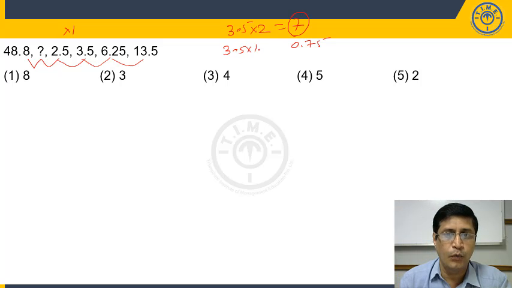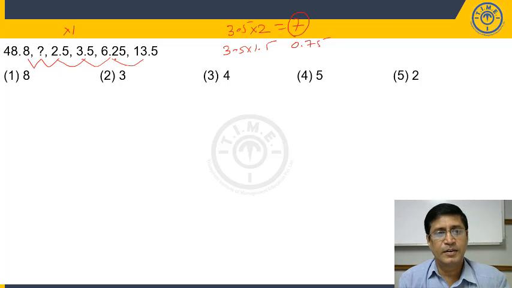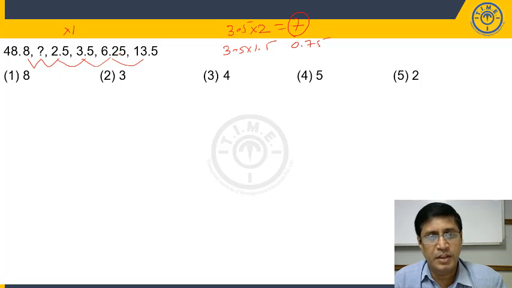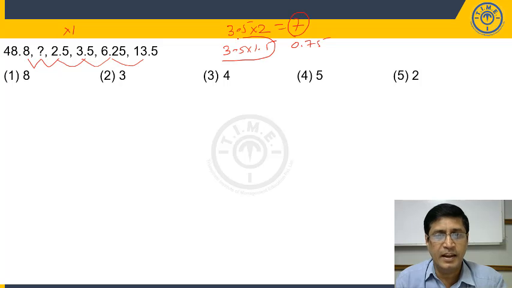So how many times will it become? 3.5 into 1.5. How much is it? It is 5.25 plus 1. That is 6.25.